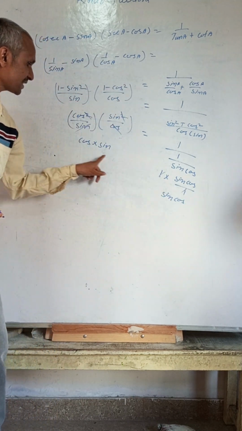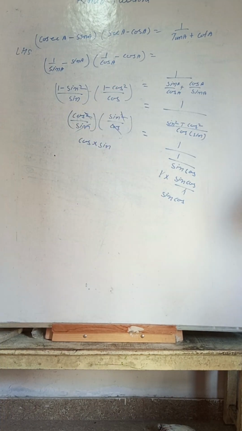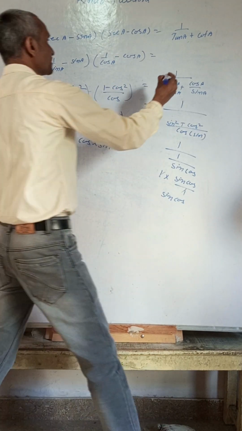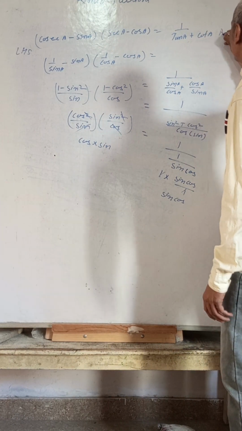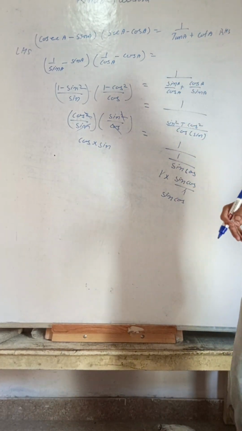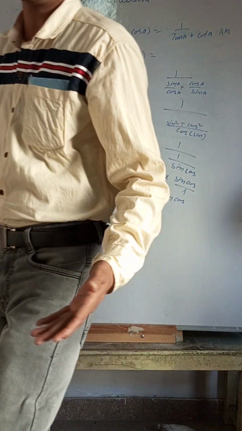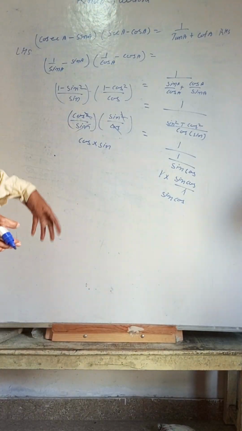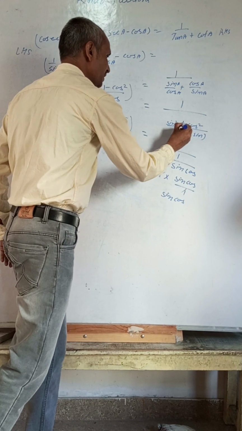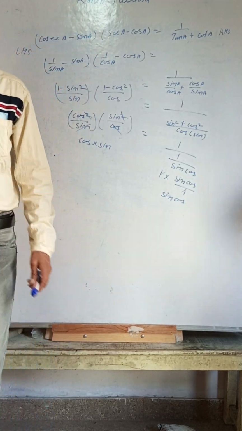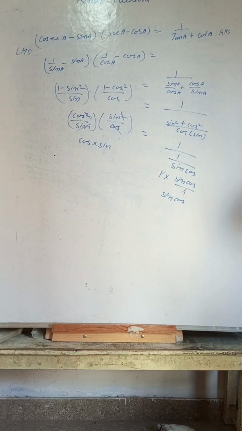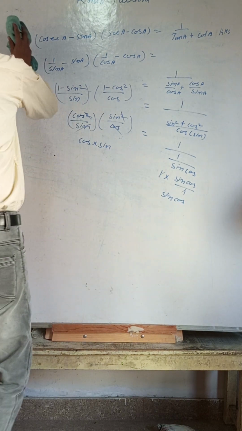So this and this are the same. Hence it is proved. I hope you understand. If not, the same question is in my YouTube channel, and you can refer to it. Next we are going to find out the next question.